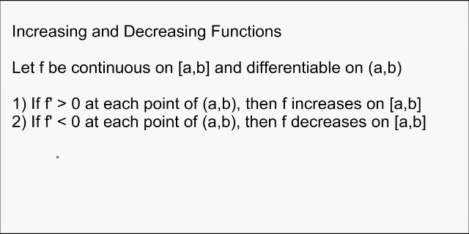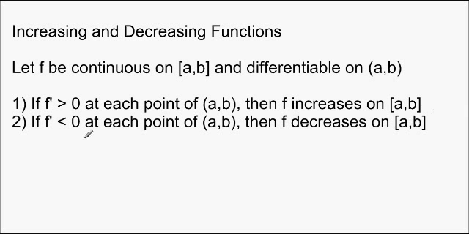Increasing and decreasing functions. Let f be continuous on [a, b] and differentiable on (a, b). So the first one's a closed interval, the second one's an open interval. If f prime is greater than 0 at each point of the open interval (a, b), then f increases on the closed interval [a, b]. So basically, when your derivative is positive, your function is increasing.